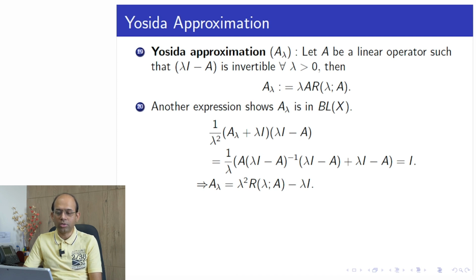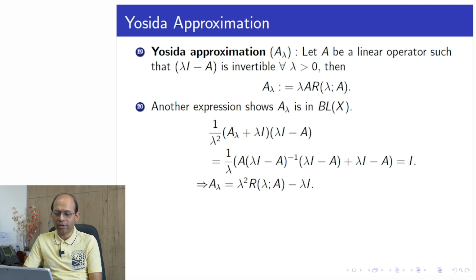Here I take lambda common outside, so lambda divided by lambda square becomes 1 over lambda. What I am left with is A composed with R(lambda, A), where R lambda is (lambda I minus A) inverse. Then this is multiplied with the whole thing, lambda I minus A. And here I just have I, because I took lambda outside, so I times (lambda I minus A) gives again lambda I minus A.